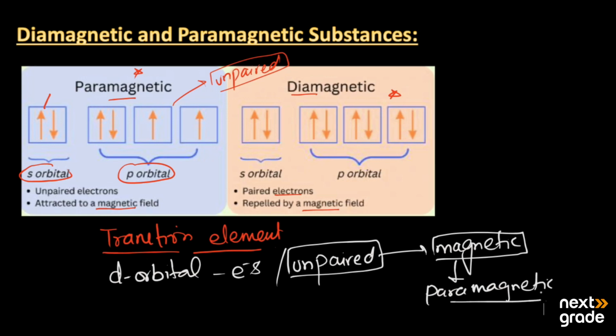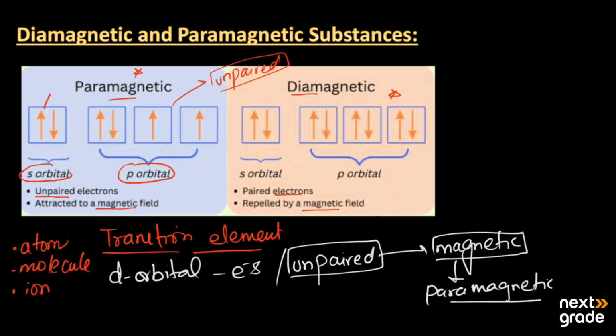A lot of transition elements show paramagnetic behavior towards the magnet. So paramagnetic behavior is just because of one thing, which is the presence of unpaired electrons. It can be present in an atom, in a molecule, as well as in an ion.